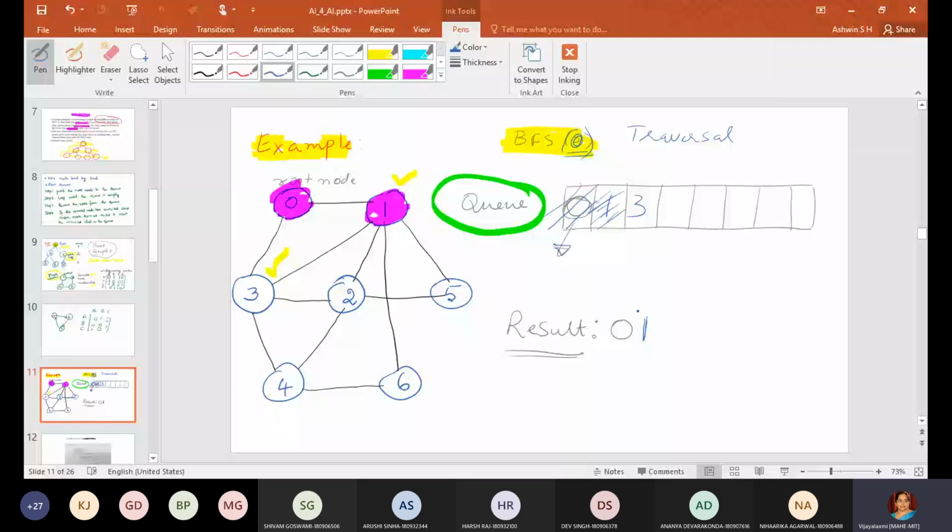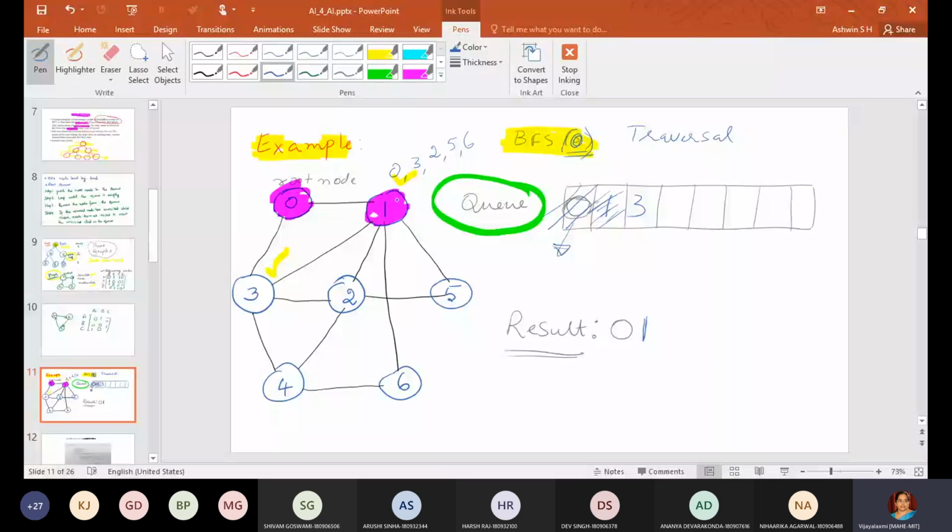So corresponding to 1, what are the child nodes? I'll write here 0, 3, 2, 5, 6. Am I right?